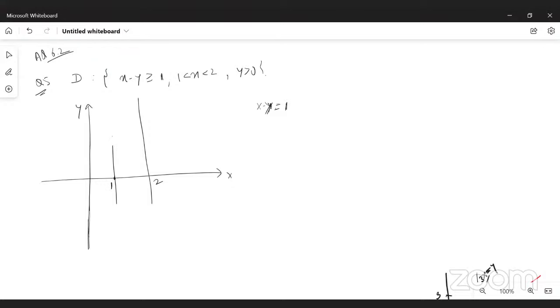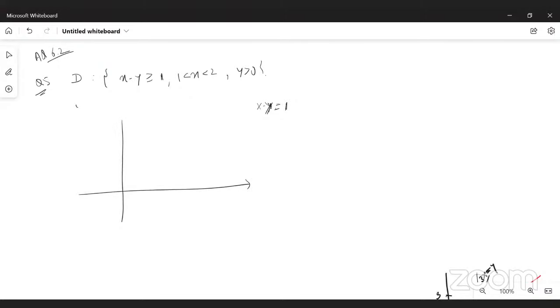Okay, so instead of drawing all this first, we'll draw x minus y equal to 1. This is what we want.